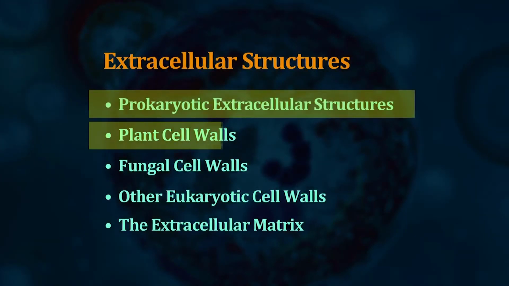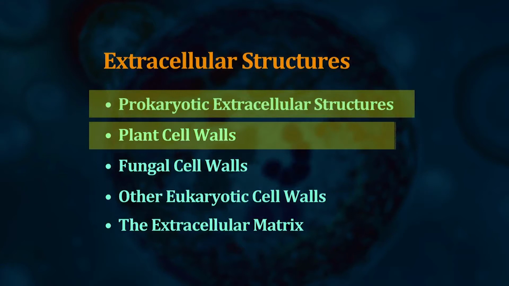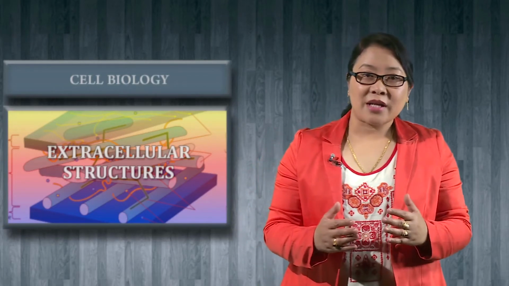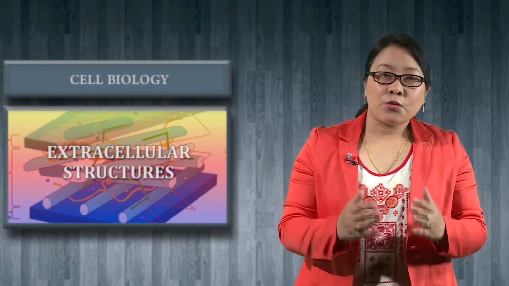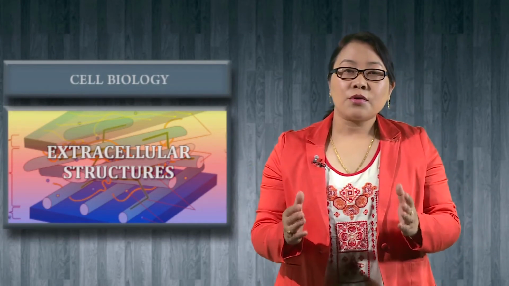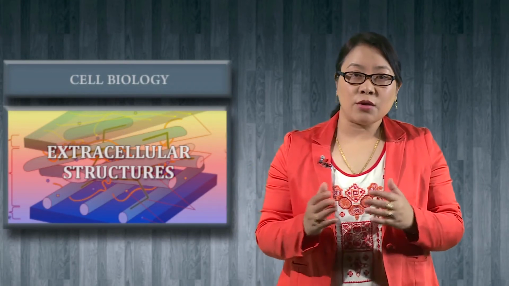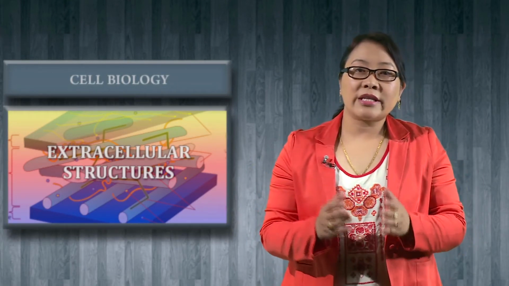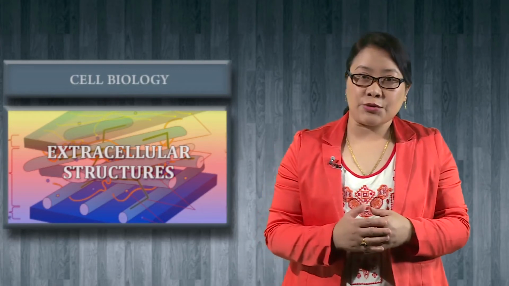Next, let us take up the second type of extracellular structures, that is the plant cell walls. The cell walls of most algae and higher plant cells are 0.1 to several micrometers in thickness and composed principally of cellulose, which is a linear polymer containing more than 10,000 glucose residues.